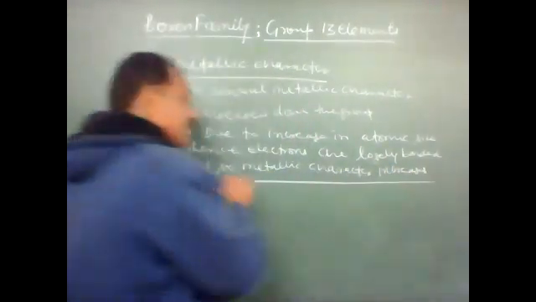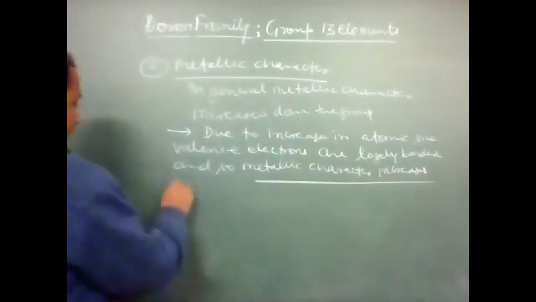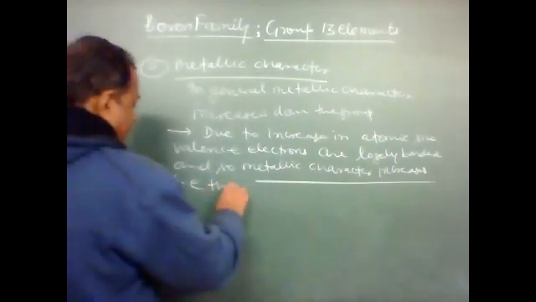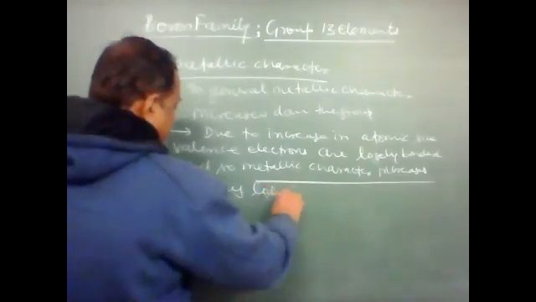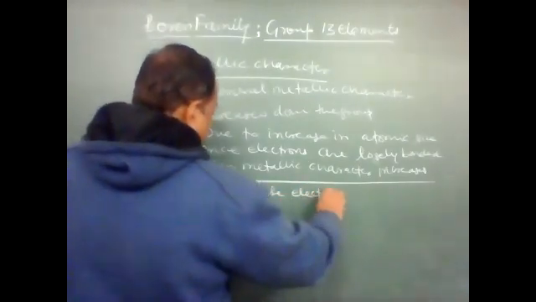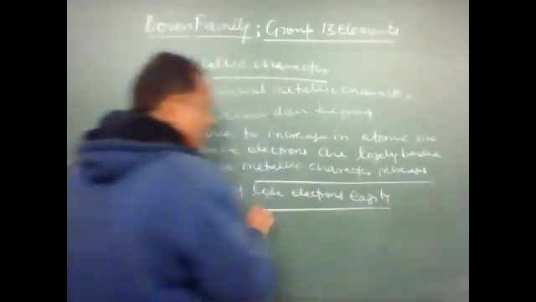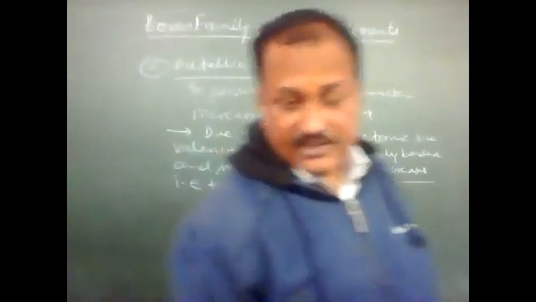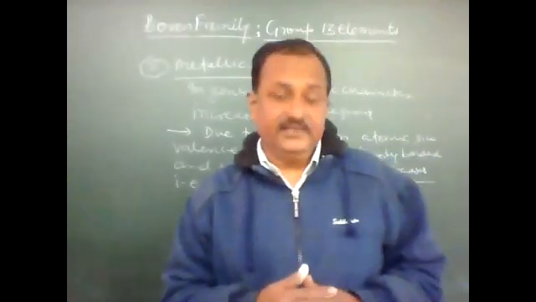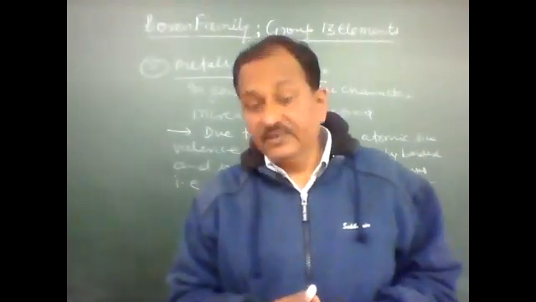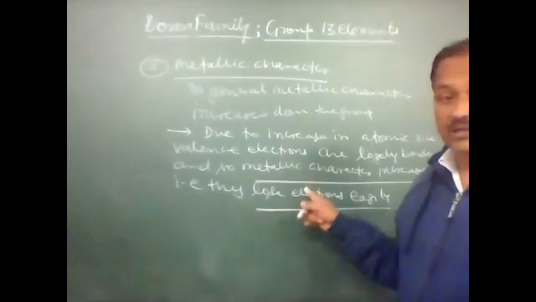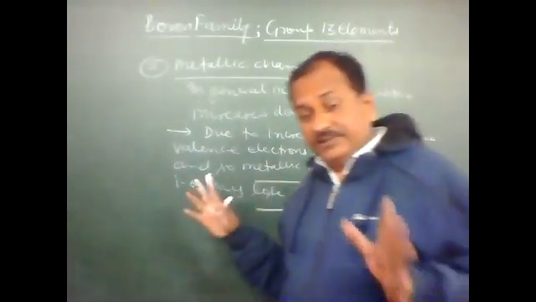So what is the meaning of increase in metallic character? That is, they lose electrons easily. And this is the metallic character. Metals have a very strong tendency to lose the electrons. And so this is very important.